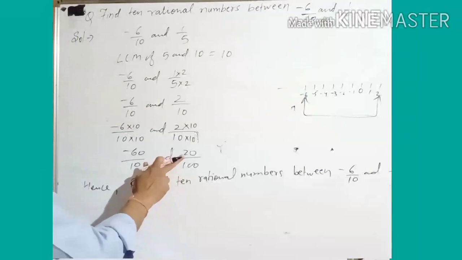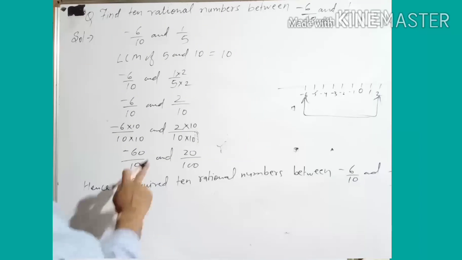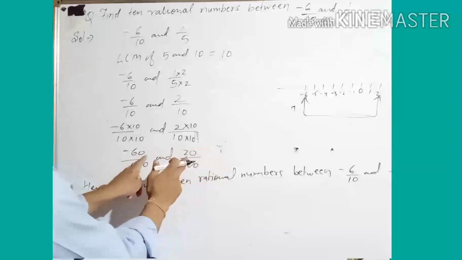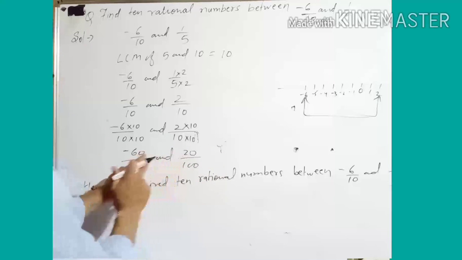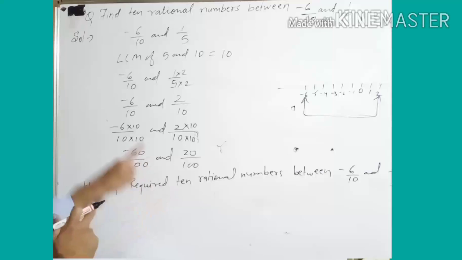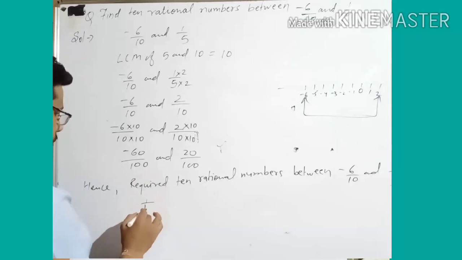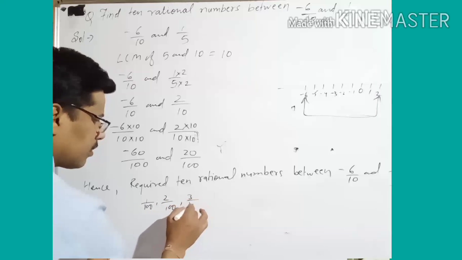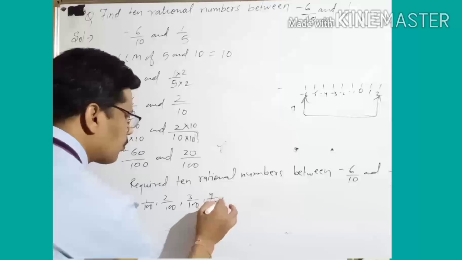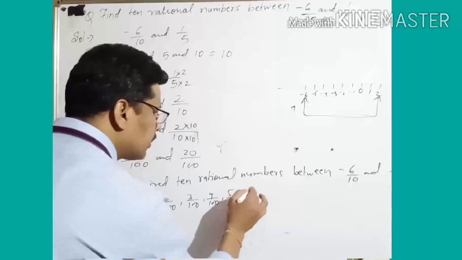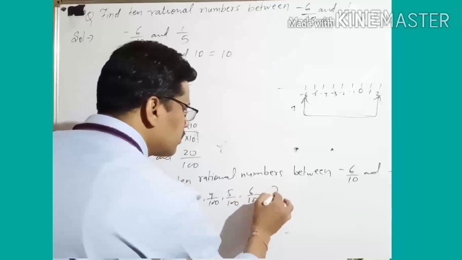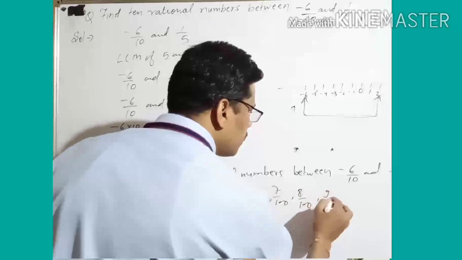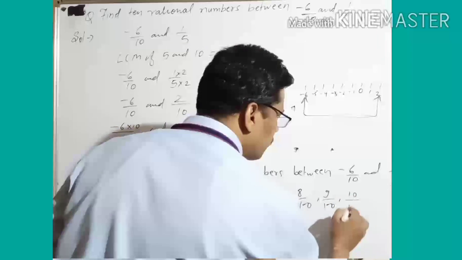Now we have to see before 20, what will come here? 19. Okay, you can also write 1 upon 100, 2 upon 100, because all the numbers will lie between this, up to 19 here and up to minus 59 here. So which numbers am I taking here? 1 upon 100, 2 upon 100, 3 upon 100, 4 upon 100, 5 upon 100, 6 upon 100, 7 upon 100, 8 upon 100, 9 upon 100, and 10 upon 100.